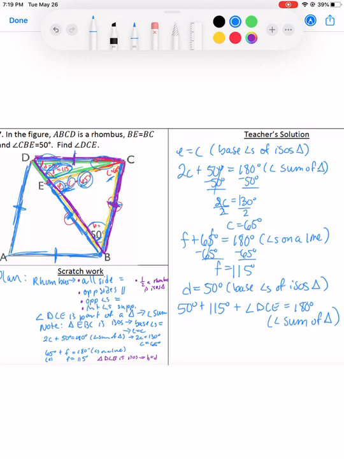And once you have all those together, we add 50 and 115 to get 165 plus angle DCE is equal to 180 degrees. Subtract 165 from both sides.